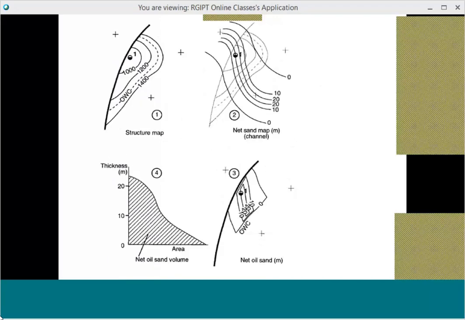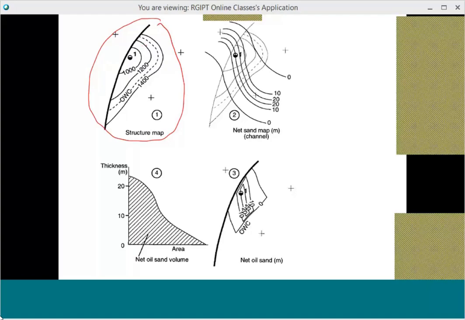Now let's say in an area you have this first one as a contour map, which is a structure map.